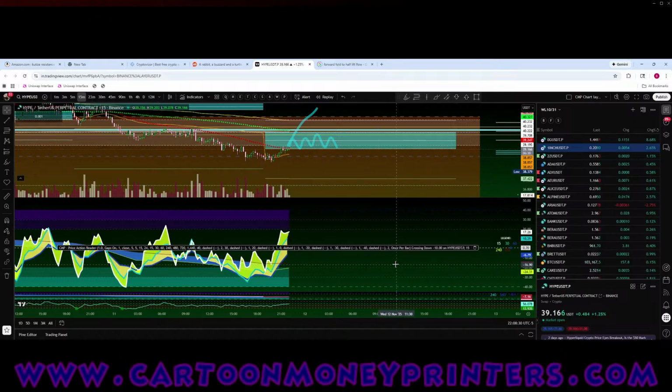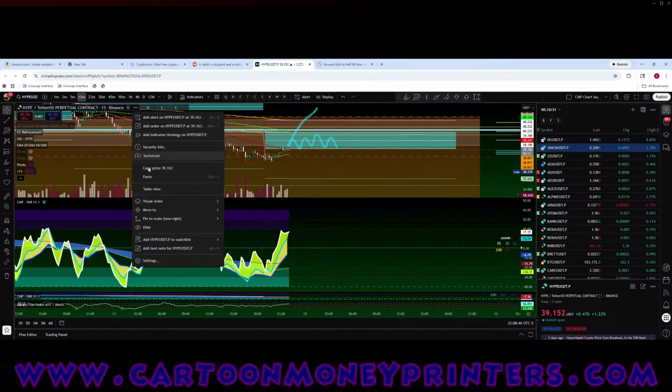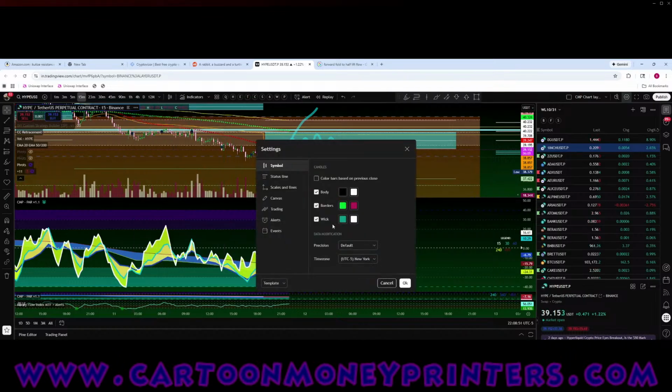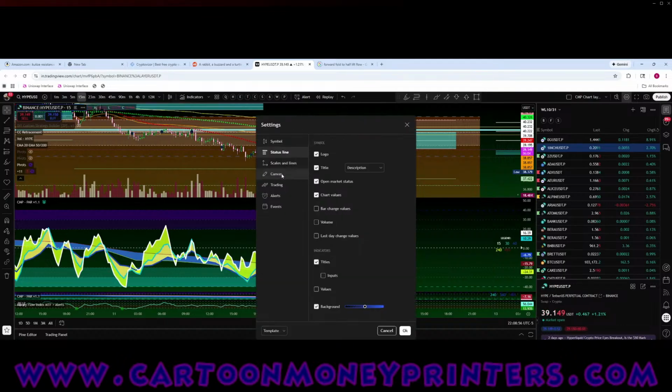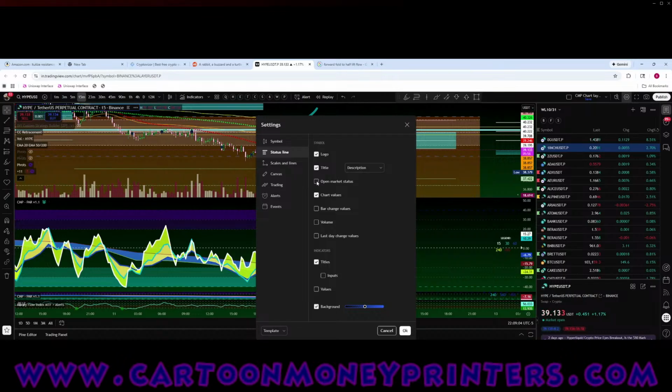There's also an alert in the settings for that. So in order to change that data, go up to where it says Hype Tether US Perpetuals Contracts. HLC. Yep. And then you go to the three dots. Go to settings. Go to status line. And then underneath title, uncheck those. Underneath title, you want title on. Chart values?